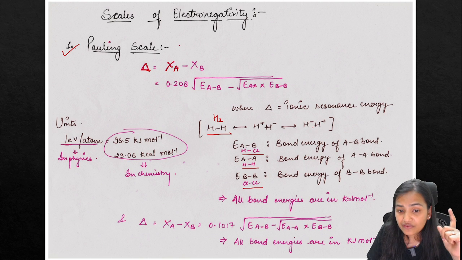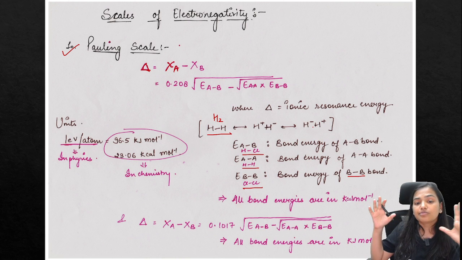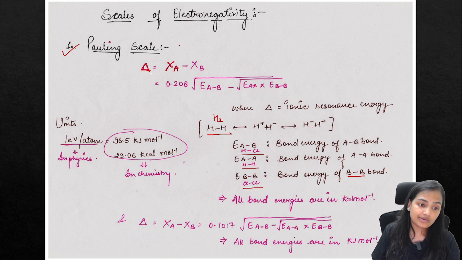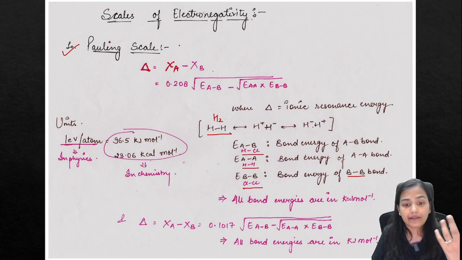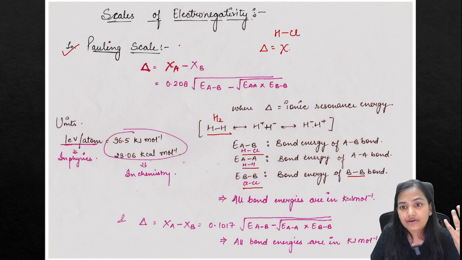So the bond energy of the AB bond, the bond energy of the AA bond, like atoms, like atoms. Okay, so these are the bond energies. So depending upon the bond energies, we can determine the electronegativity values. We can determine the difference in electronegativity of A and B. Okay, so if I am having a molecule like HCl, I can do a simple calculation, that is the delta of the electronegativity of hydrogen and the electronegativity of chlorine.